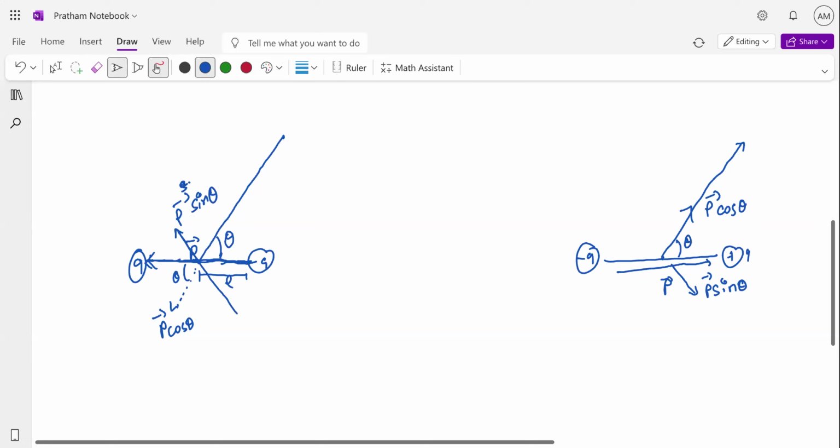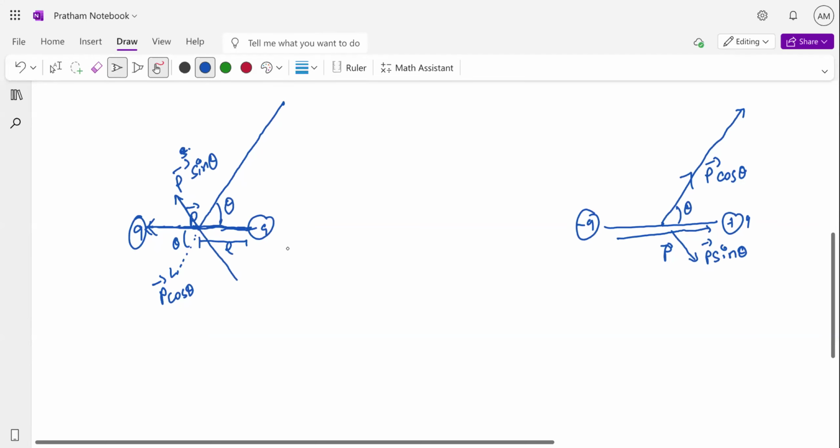If you see carefully, for this dipole, this position is an axial position, because I have resolved the p dipole into two: p sin theta and p cos theta.